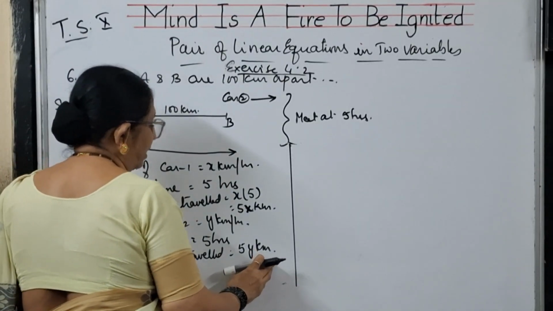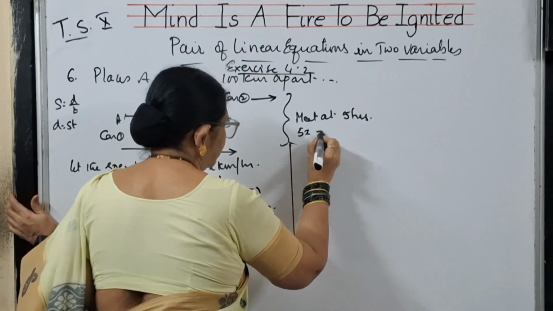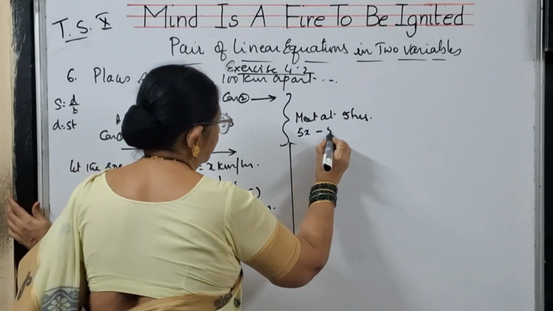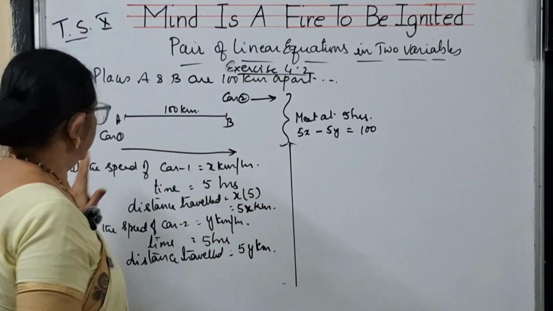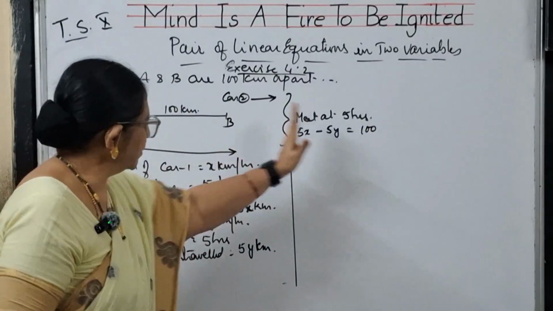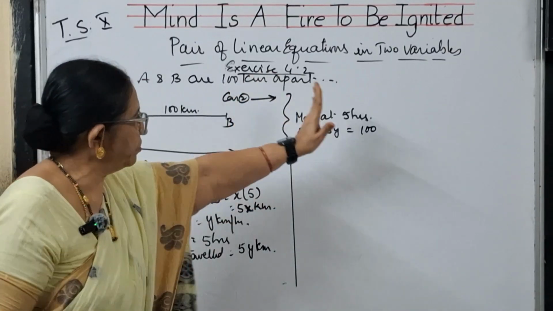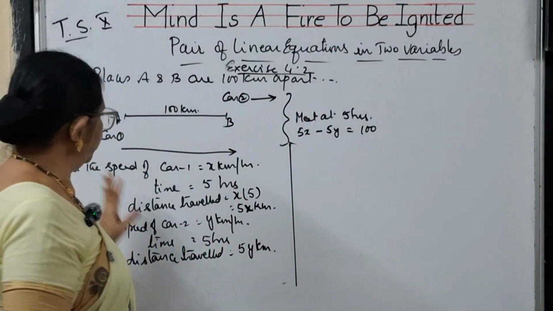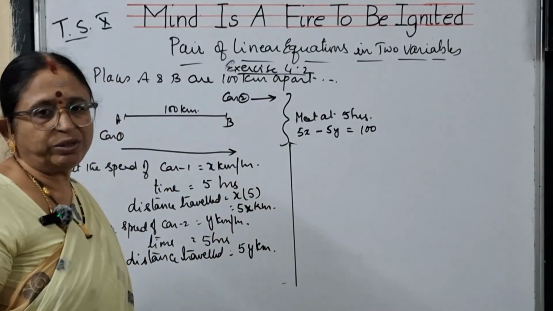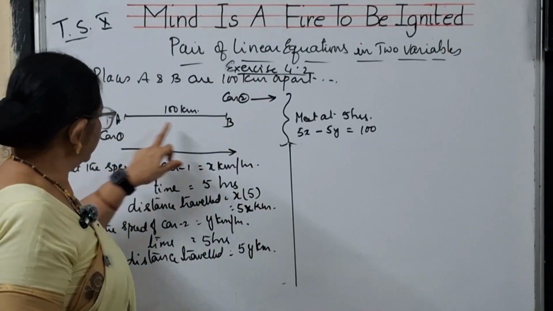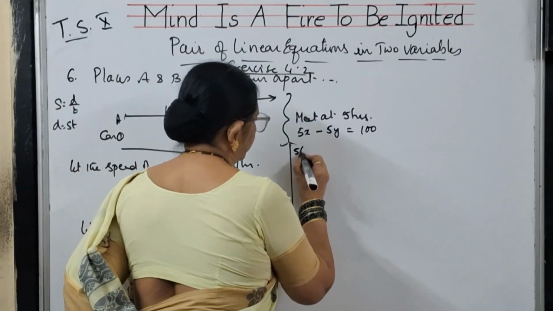The distance traveled by first car 5x minus distance traveled by second car is 100. He has crossed 100 and gone some road distance. So whatever extra he has traveled, car 2 also has traveled. So from the total distance traveled by car 1, if you subtract car 2 distance, you'll be getting 100 kilometers, which is given in the problem.